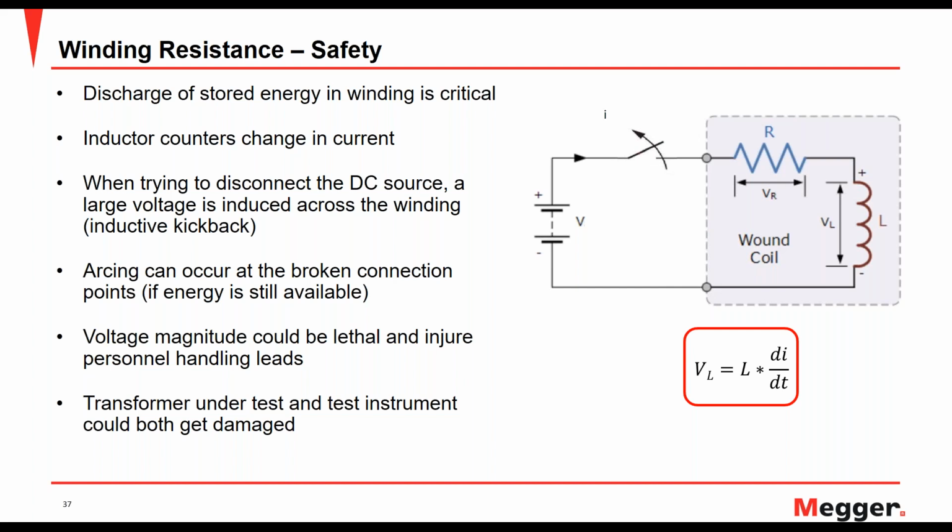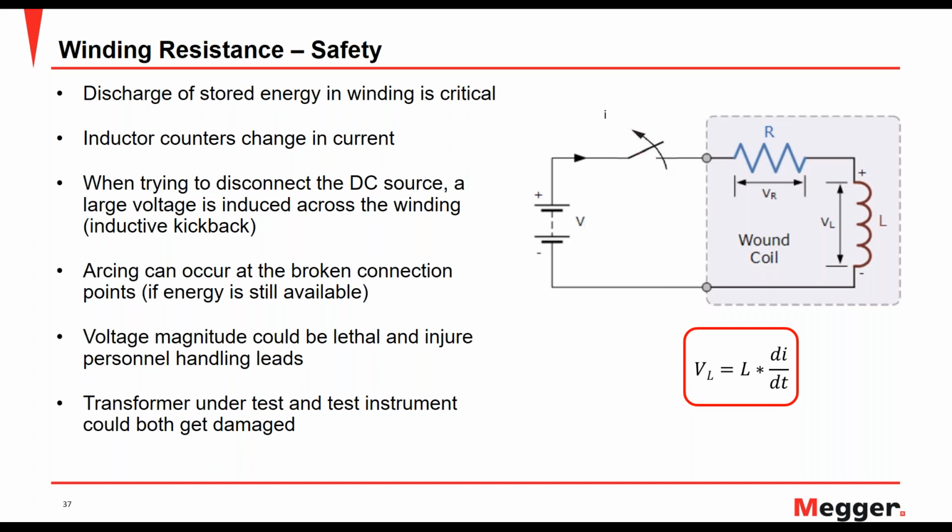Now, because this operation involved injecting energy into the transformer winding, it is important that the stored energy be discharged. So we know that an inductor will not allow that change as easily. If the transformer winding is not correctly discharged, and if there's some energy left in the transformer, when you disconnect your DC source through the leads, a large voltage will be induced across the winding, which is also called inductive kickback.